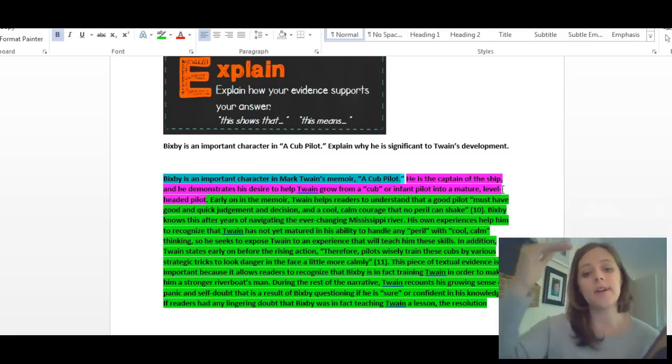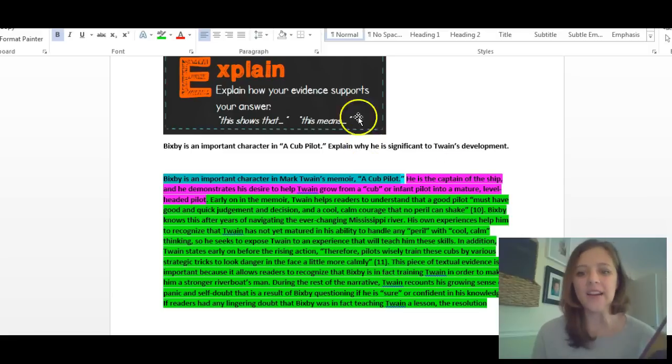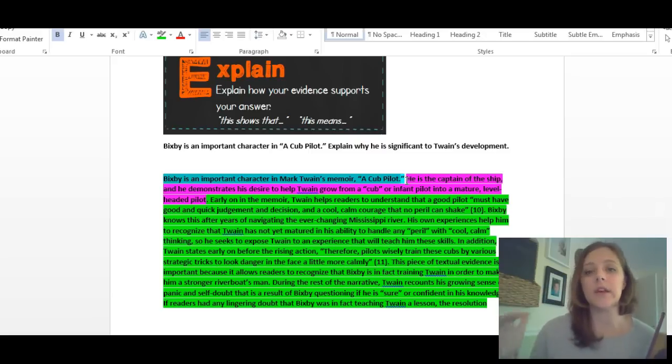So everything that I'm going to talk about after this is going to be supporting that Bixby helps Twain to grow into a mature, level-headed pilot. I've highlighted that pink. That's my A. That's my answer. Now the rest of it is going to be a mixture of citing textual evidence and explaining that textual evidence.